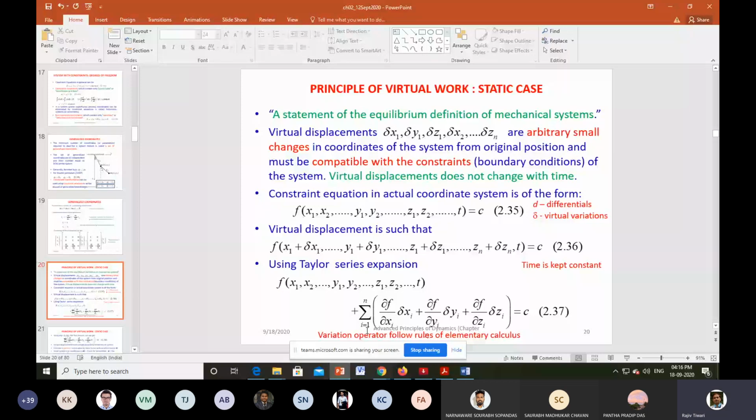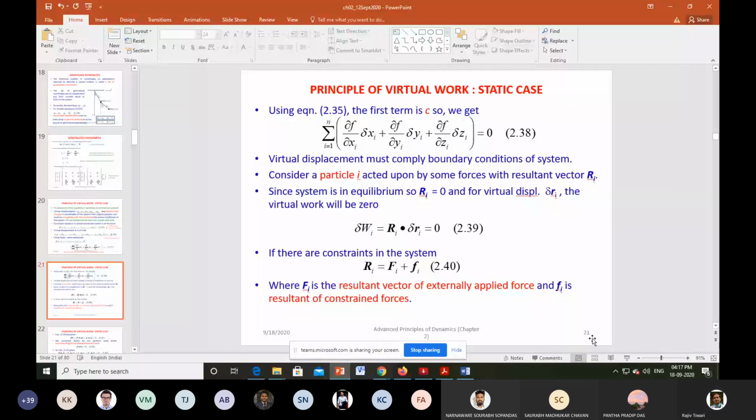So here it has been kept in a summation form, i equal to 1 to n, representing that for n masses this expansion has been done, equal to c. Now after the Taylor series expansion, this term from the original equation equal to c and c will get cancelled. We will be left with this equal to 0. That is in the next slide.